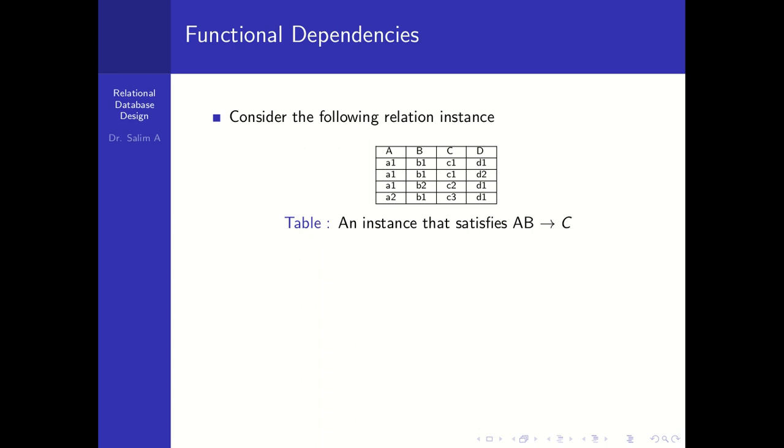Then what's the Y value? The Y value is C1. What about the remaining tuples? The remaining tuples' A, B values are not the same. Therefore, the constraint is checked only if two tuples have the same X value. Then the requirement is that the Y value should also be the same. In this given relational instance, AB determines C is not violated.